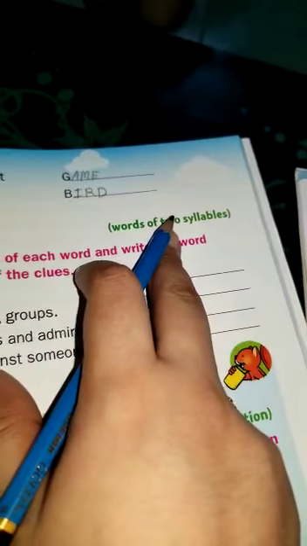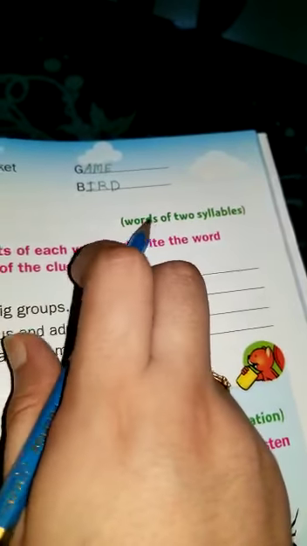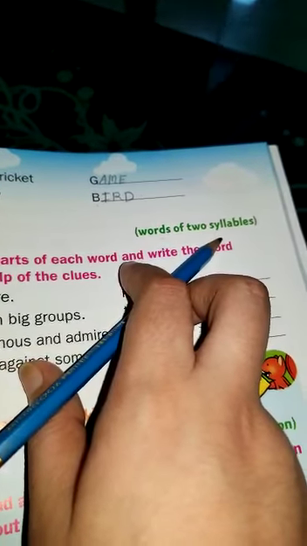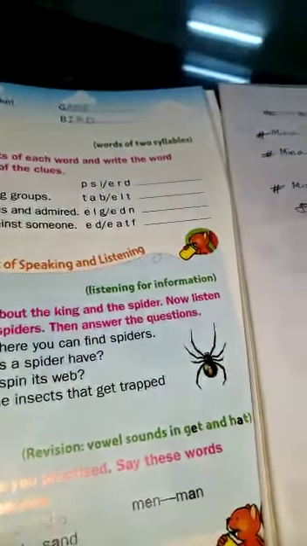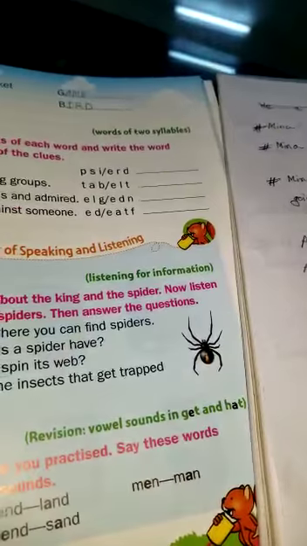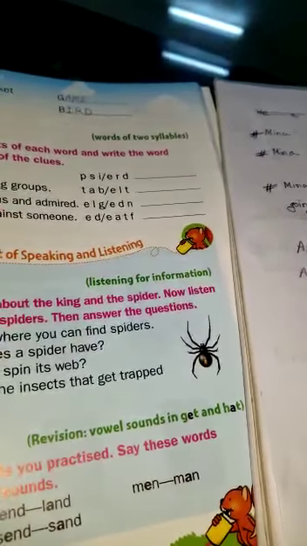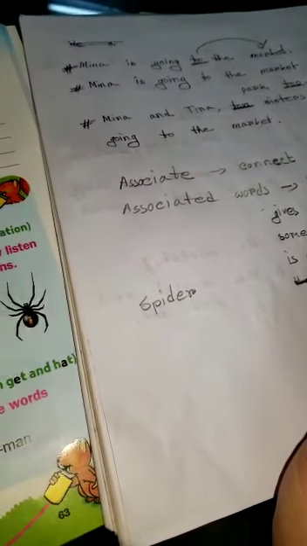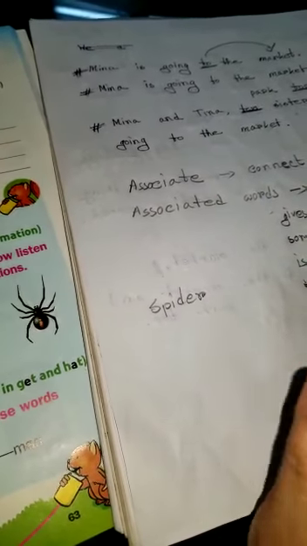Here it is called syllable. Use words of two syllables. That means syllable is the short form, or the different pronunciation, of any word. For example, we can write spider. When we are saying spider, what are we pronouncing first?